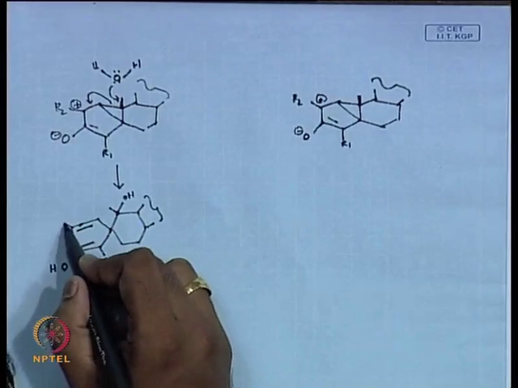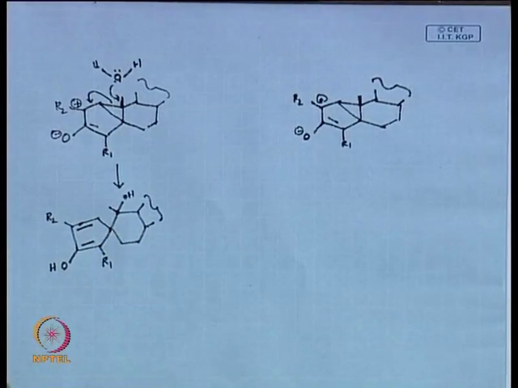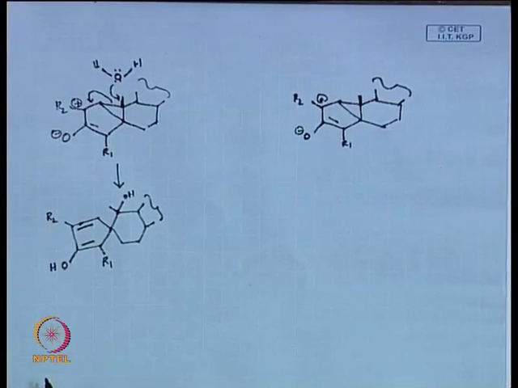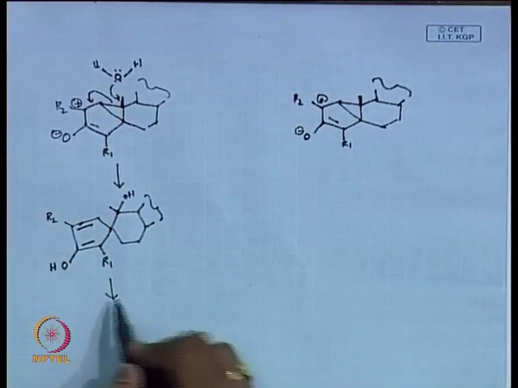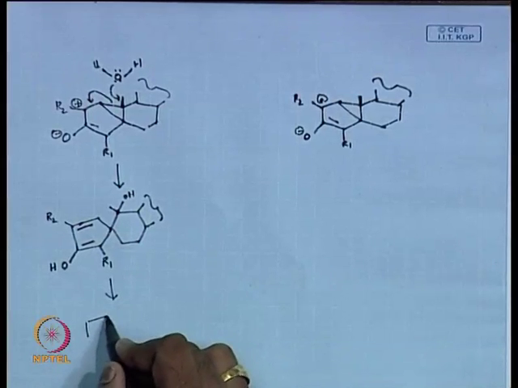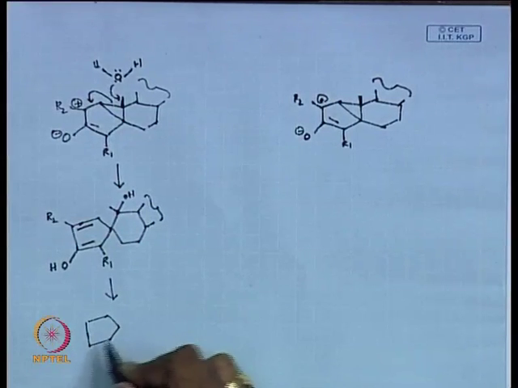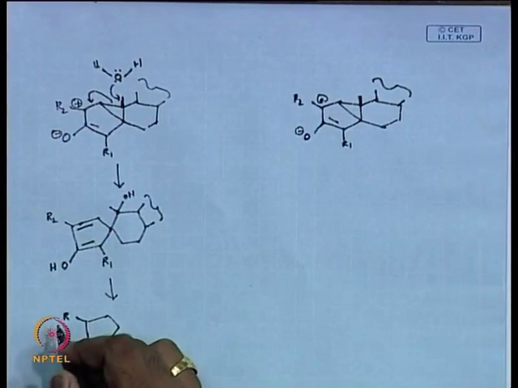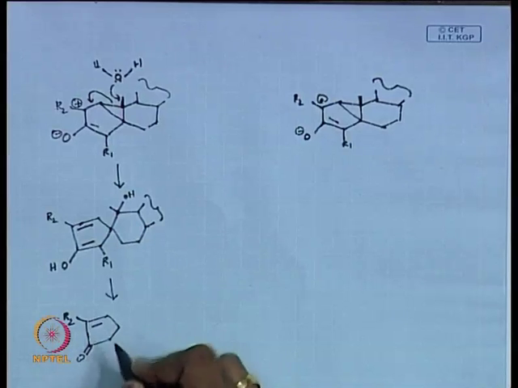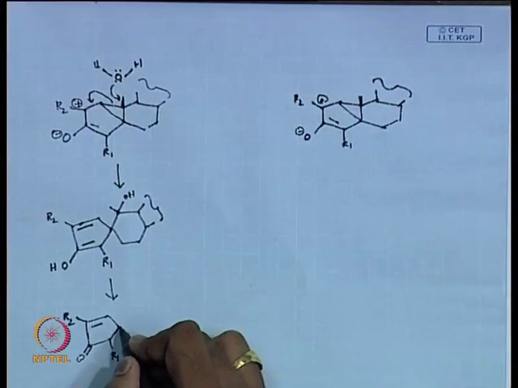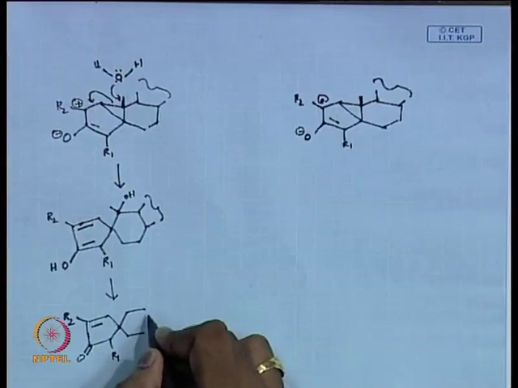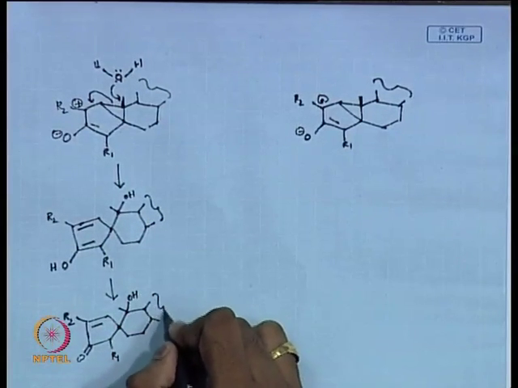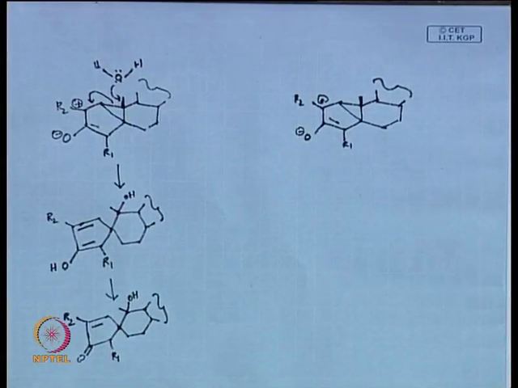Right. So you get a nice 5-membered ring with your 6-membered one, and this can undergo a sort of ketone formation. You can draw that. If you want, you can take the other way around. It can undergo this. You can get this type of system the other way around. That's fine.